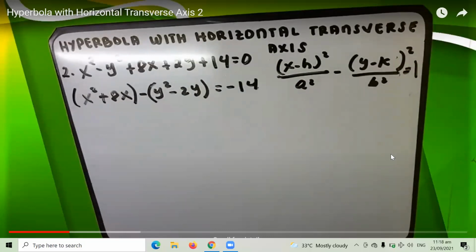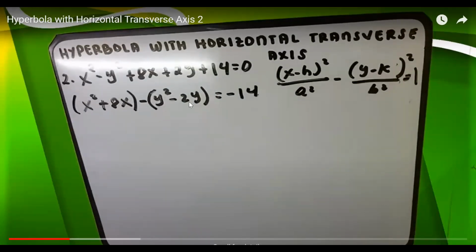Ayan, sa part na yan may question kayo kung paano siya naging, kasi dito we have minus y square. Kasi di ba pinag-group natin yung mga x terms and y terms. So for the x terms, we don't have problem with groupings kasi they are both positive. So for the x terms, we have x squared plus 8x as one group.